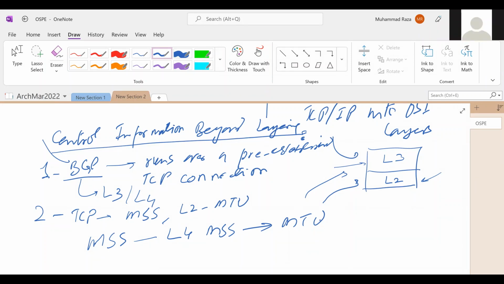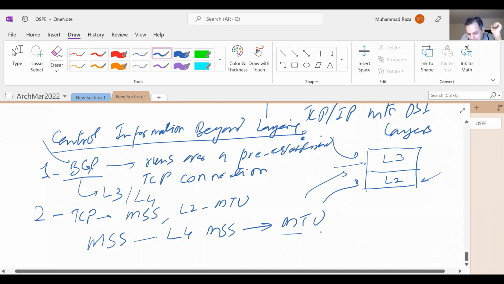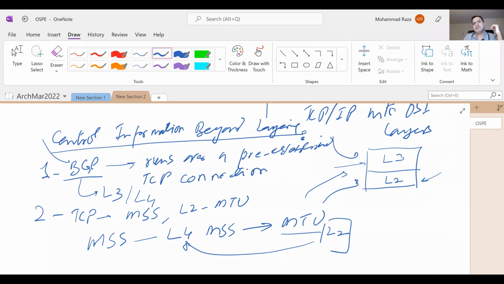It depends on the path. Okay. So MTU is layer 2. How come layer 2 information has gone to layer 4 if they were strictly apart from each other? That is path MTU. It goes with TCP with the 3-way handshake.